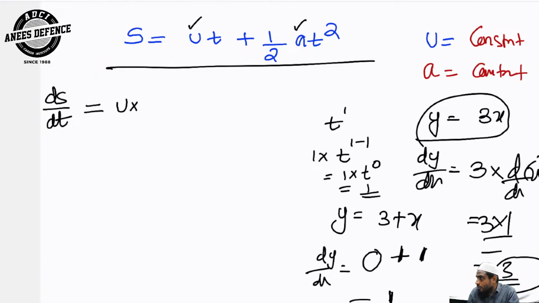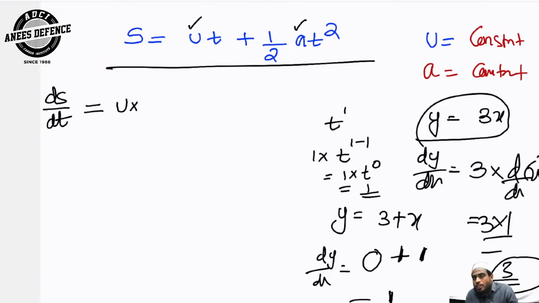Now dy by dx means you are calculating the derivative of y with respect to x. Dy by dt means you are calculating the derivative of y with respect to t. Understood? So here, instead of x, t is coming. There is no difference whether x is there or t is there. We have to calculate the derivative. You should say with respect to what variable you have to calculate the derivative. So dy by dt you can do.